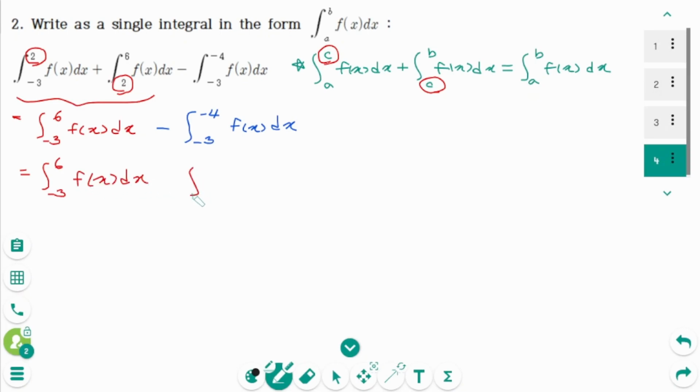If we swap the upper limit and the lower limit, it becomes positive: the integral from minus 4 to minus 3 of f of x dx.